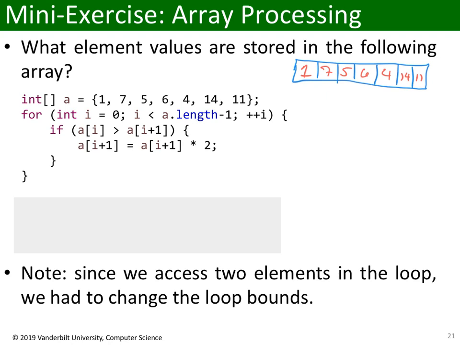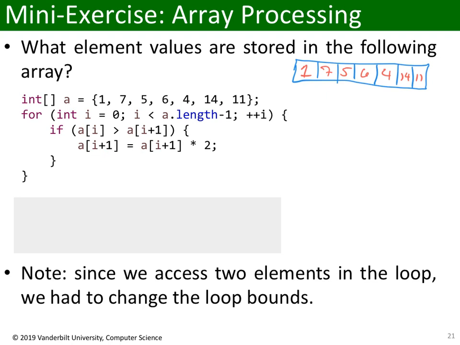So if a element I is greater than a element I plus 1, so if element I is greater than the next element, then we are going to multiply the next element by 2 and store that value in the next element.